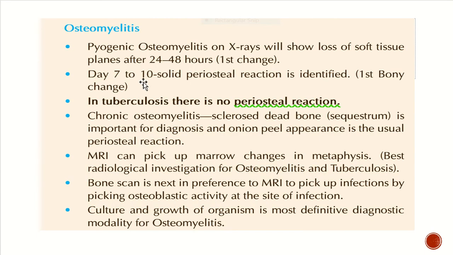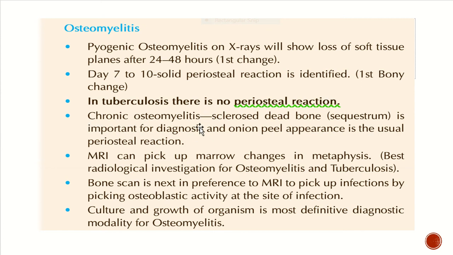At day 7 to 10, a solid periosteal reaction is identified, as we already discussed. This is the first bony change. In tuberculosis, there is no periosteal reaction, as already discussed.